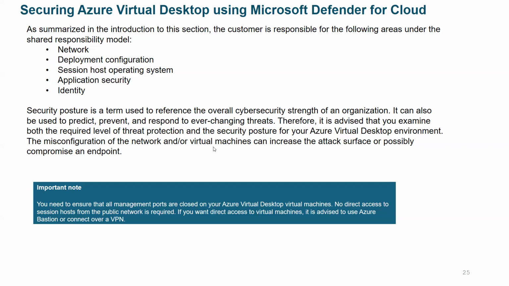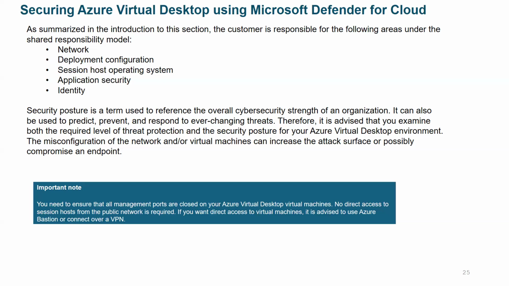The misconfiguration of network or virtual machines can increase the attack surface or the possibility of compromising an endpoint. So every time, the security team will validate our environment. We do not manage or validate Azure Virtual Desktop, whether we have configured it properly; our network team configures everything so that they can validate.